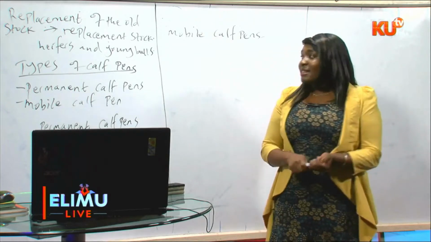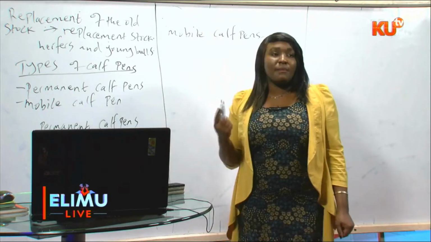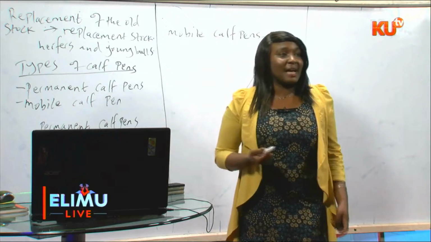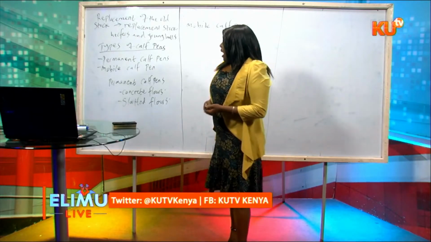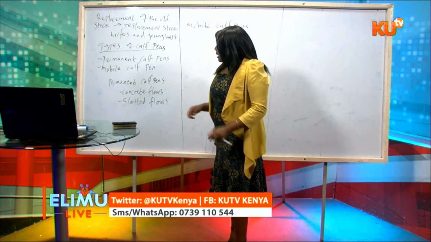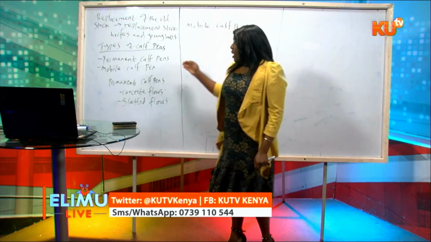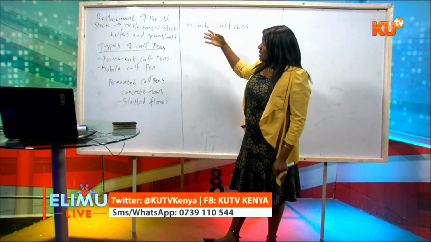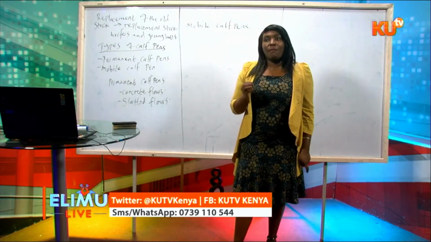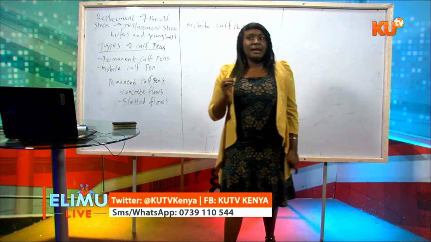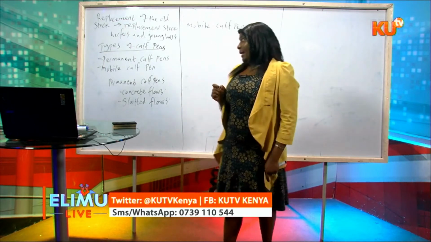But on the other side, the permanent ones are durable because they last in the farm for a very long time. So up to that point, I want to imagine that you now can differentiate between a mobile calf pen and a permanent calf pen.